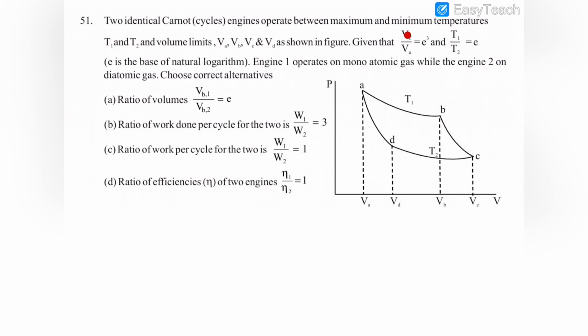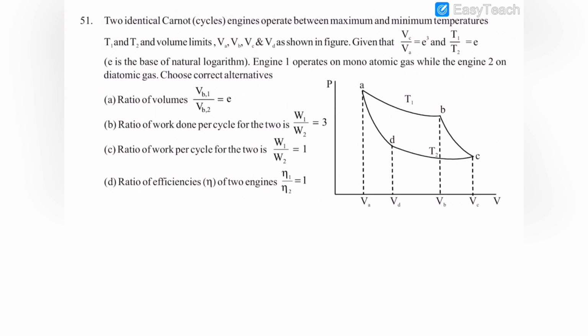It is given that Vc by Va is e cube, where e is the exponential, and T1 by T2 is e, and engine 1 is having a monatomic gas while engine 2 will have a diatomic gas. As these gases are different, we can only say that the initial volume, Va, will be the same, and further on the volumes would be different because these two gases are different.